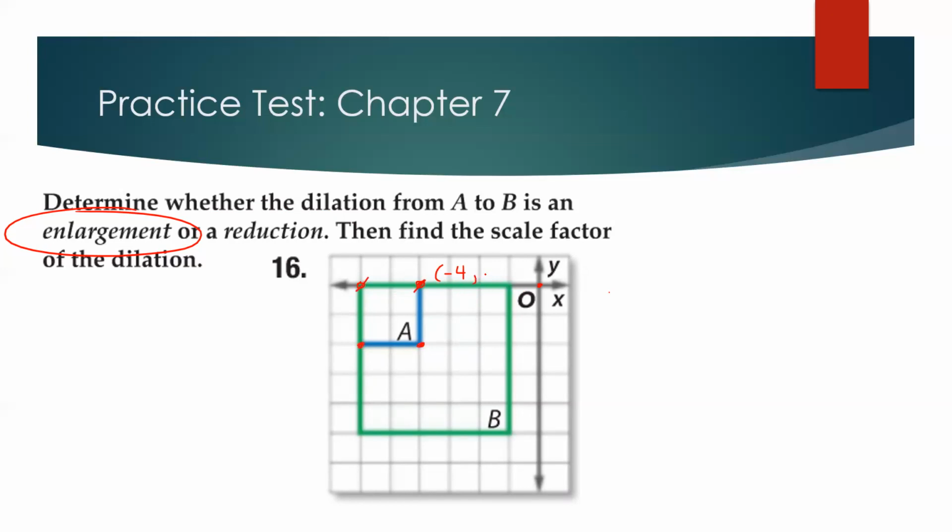Let me just change color. Okay, so we're comparing this point here, which is -4, -2, and the distance to this point here, which is -6, -2.